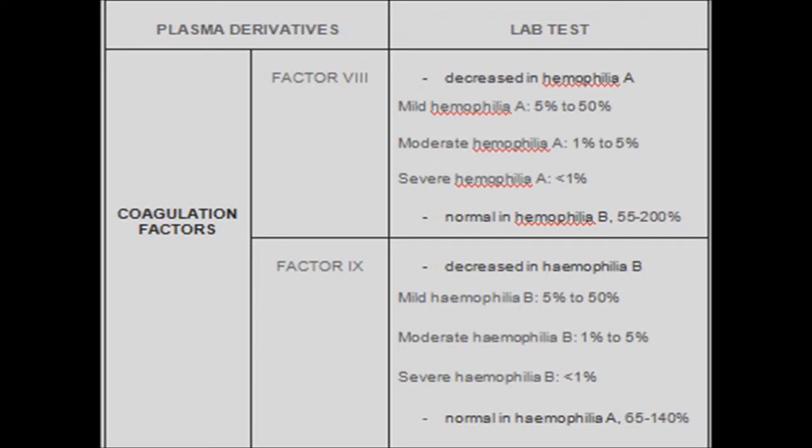But it is normal in hemophilia B, 55 to 200%. Other than that, factor 9 will decrease in hemophilia B.